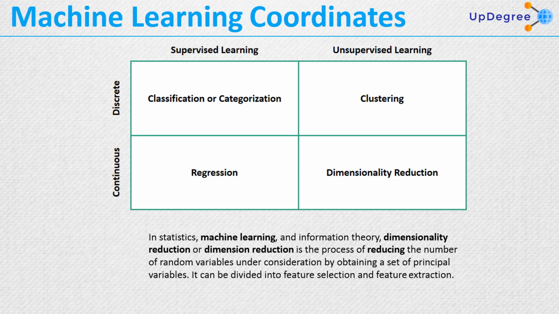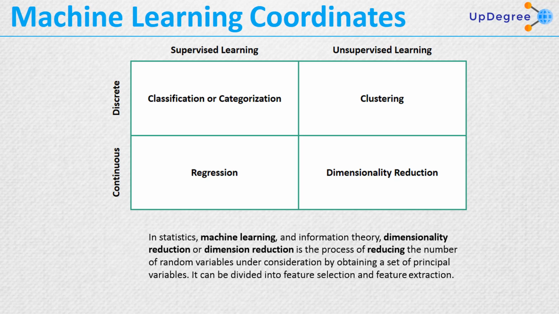That means we'll consider only the principal variables. Principal variables means the main variables on which my predictions vary, on which my outcomes are really getting affected or influenced. Those principal attributes will be considered, and the rest will be considered non-principal attributes and variables, and they will be discarded so that my model can predict in a perfect way.